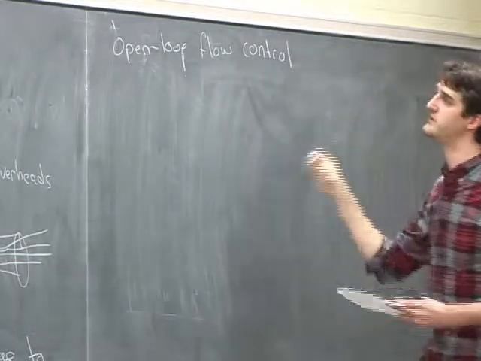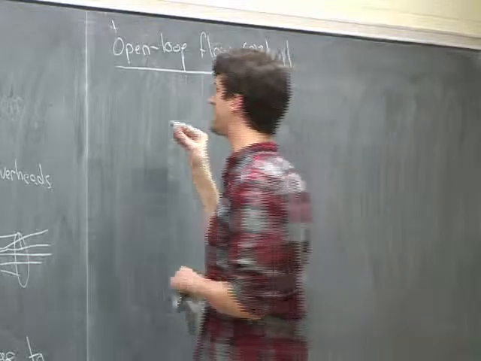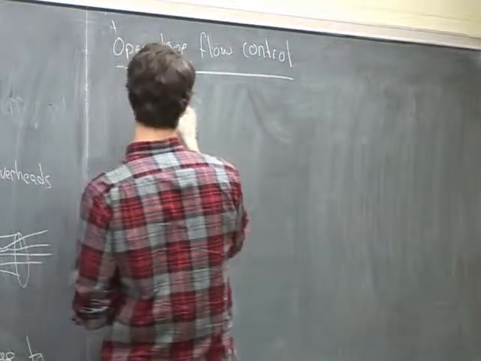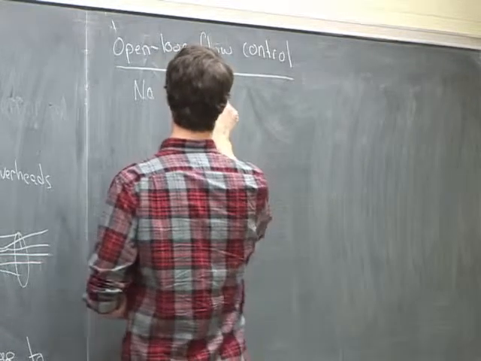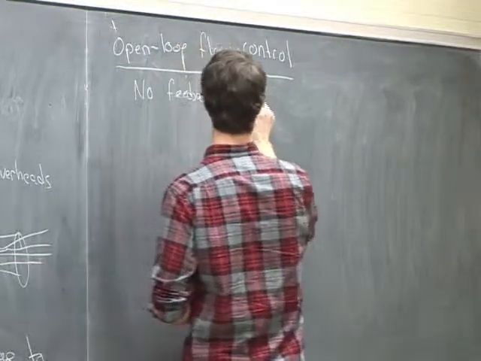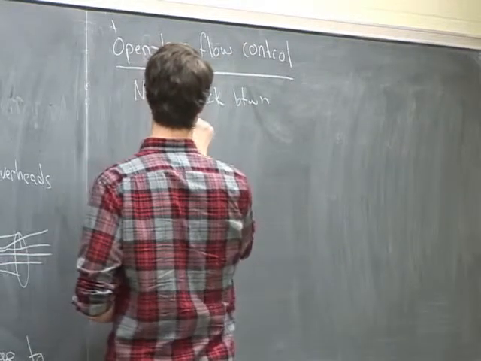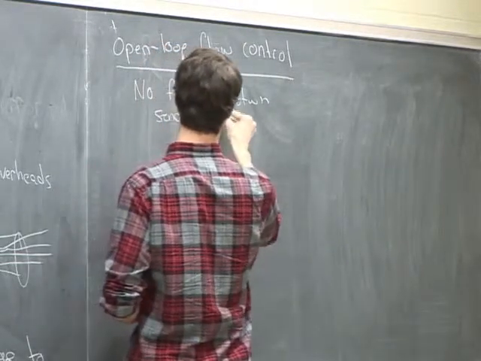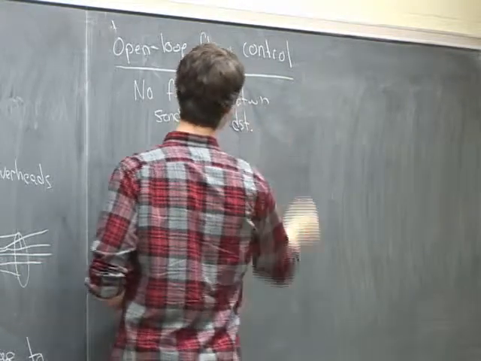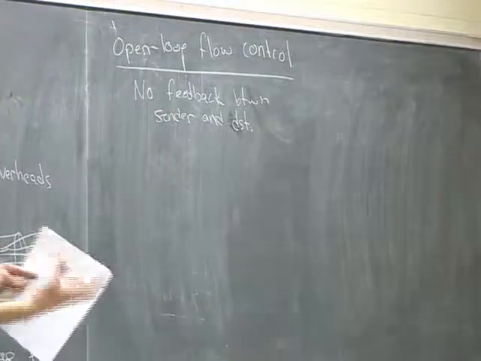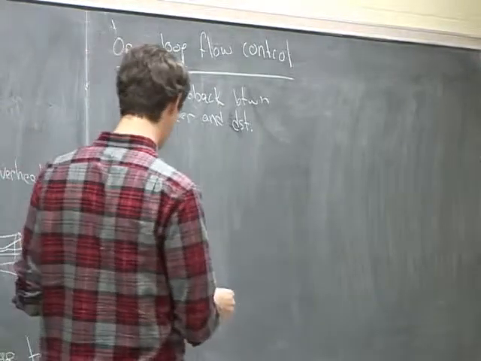What we mean by open loop is that there's no feedback between the sender and receiver. So they don't communicate at all in order to do flow control.